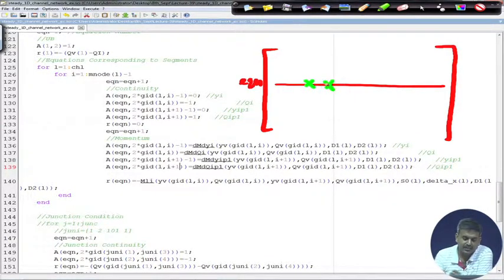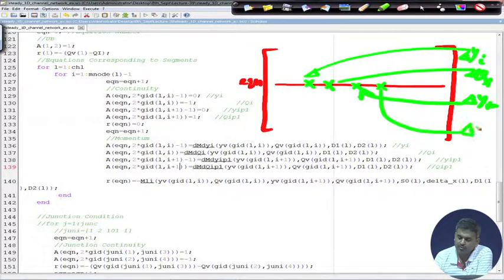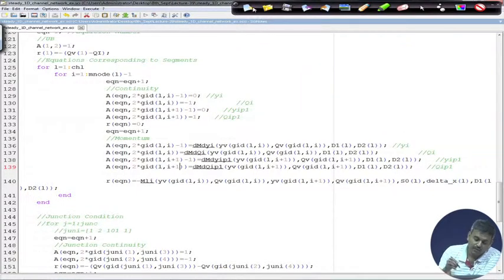Next one is GID Li, that means this is corresponding to del y I and this is del q I, and this is corresponding to del y I plus 1, and the fourth one is corresponding to del q I plus 1. So in this process we have generated these equations, and the first equations are basically continuity equations.